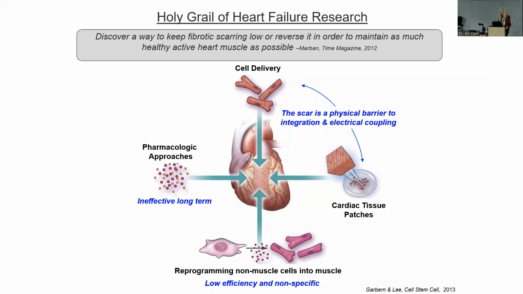Some of the approaches that have been used to address this holy grail of heart failure research are illustrated here in this schematic. There has been a lot of work in pharmacologic approaches to reduce fibrosis, and most of those have turned out to be ineffective long-term. And we think they've been ineffective because we didn't understand the mechanistic basis for the process itself.